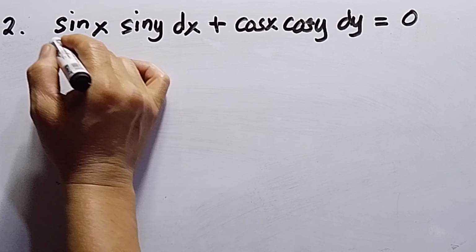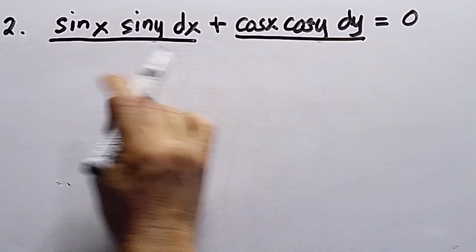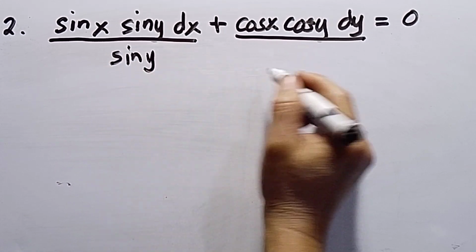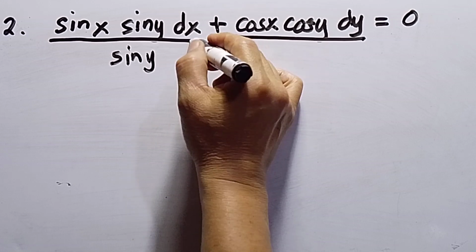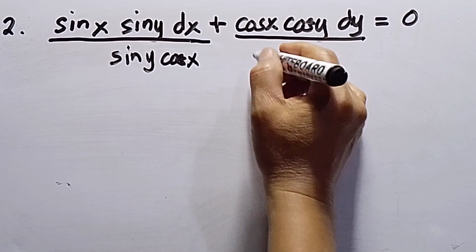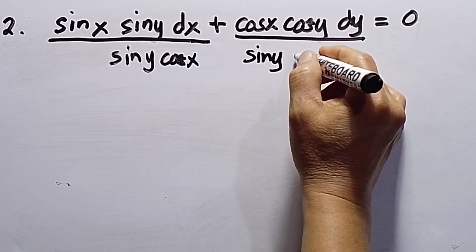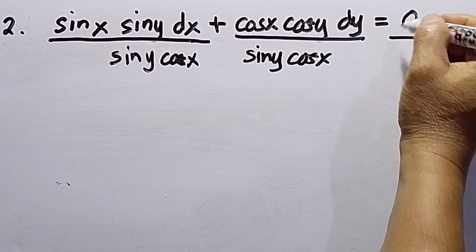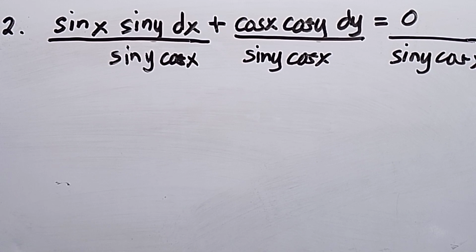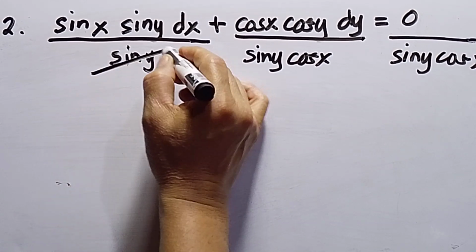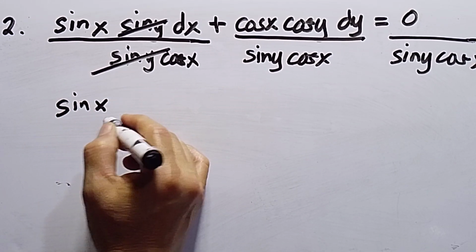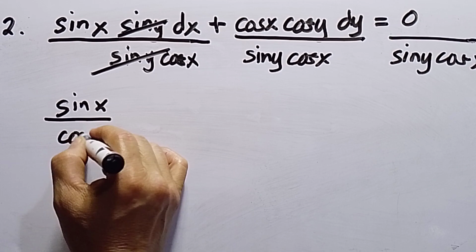So I need to divide by sine y and cosine x. Also the 0, so this will be divided by sine y cosine x. So this will be crossed out. This will be sine x over cosine x.